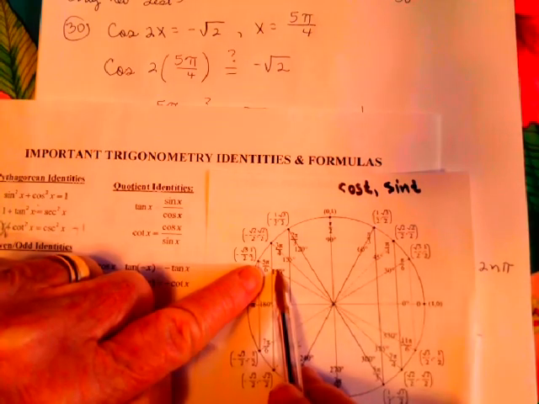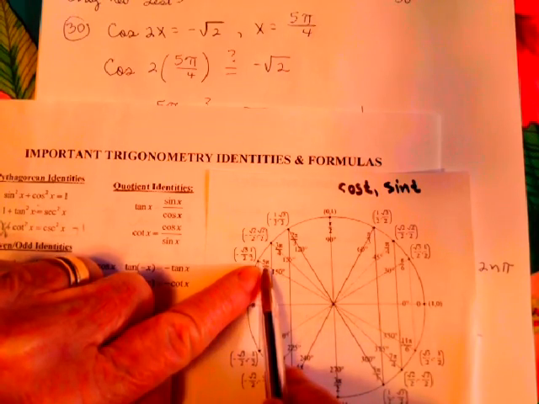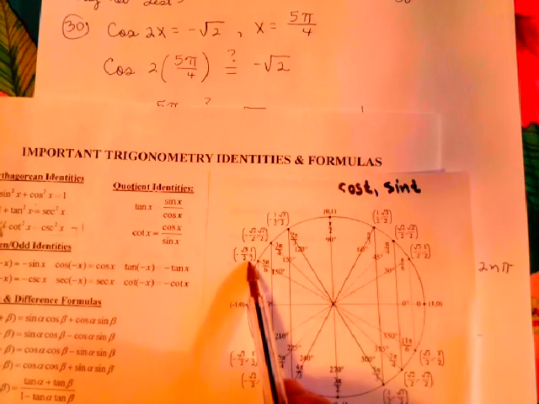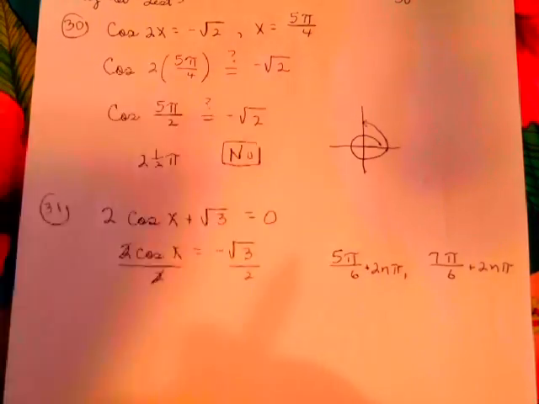If I go around 2 pi, I will add 360 degrees to this angle, and I will be right back here where cosine is negative square root of 3 over 2. That is why we can say plus 2n pi, because no matter how many times we go around, when we stop right here, cosine is going to be negative square root of 3 over 2.